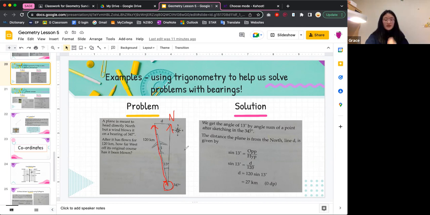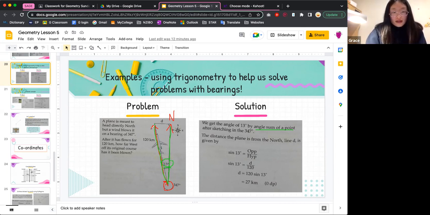Now that means that if we make a right angle triangle out of it, we can do this thing over here. So using angles at a point, we know that this part here is 13 degrees. And now we can create a right angled triangle.